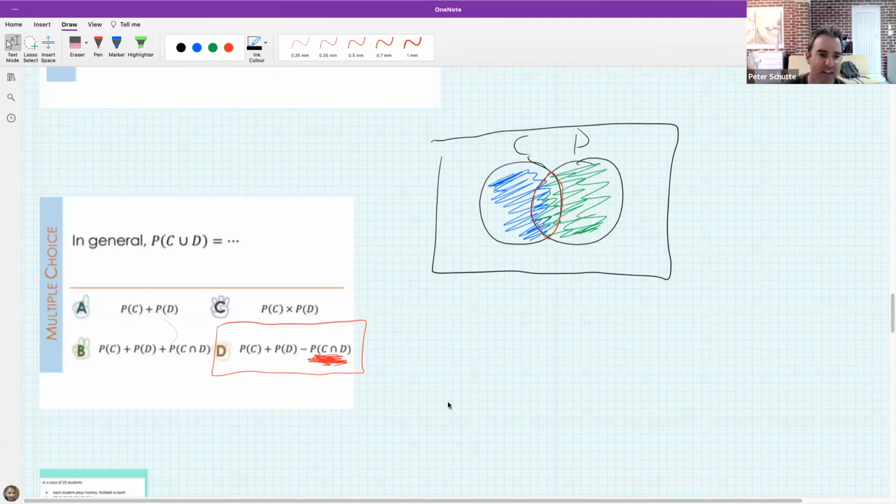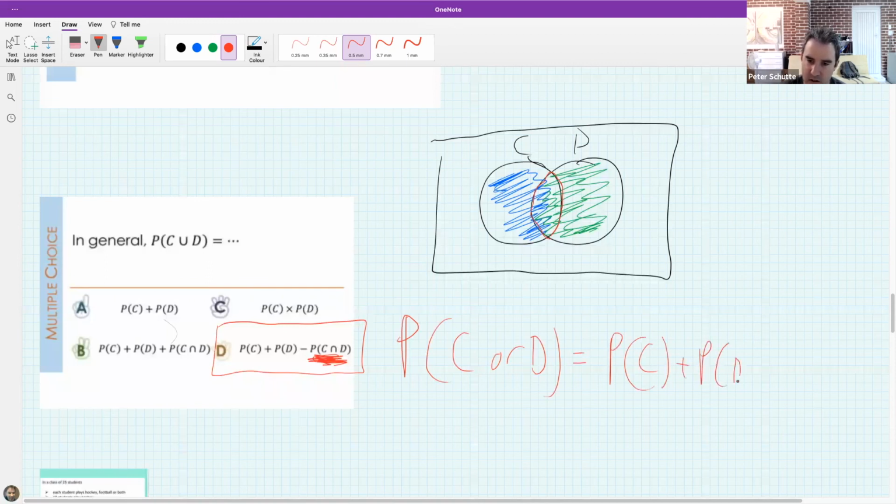So you will see this identity coming up from time to time. I'm going to point it out again in the next lesson, but when you have the OR statement, so C or D, it's going to be equal to the probability of the one event plus the probability of the other event minus the probability of C and D. And the reason that happens is because the OR region, if you had to just add these two bits, you've double counted the middle bit.